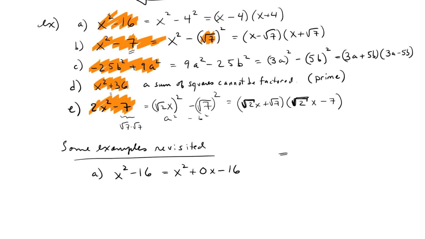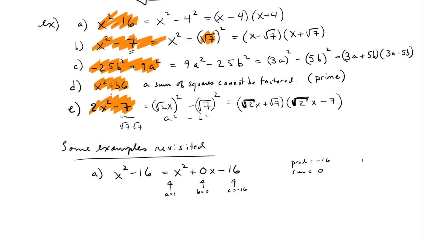And according to the technique from section 6.3, my a is 1, the coefficient of x squared is 1, b is 0, and c is minus 16. So I'm trying to find two numbers such that the product is c and the sum is 0.